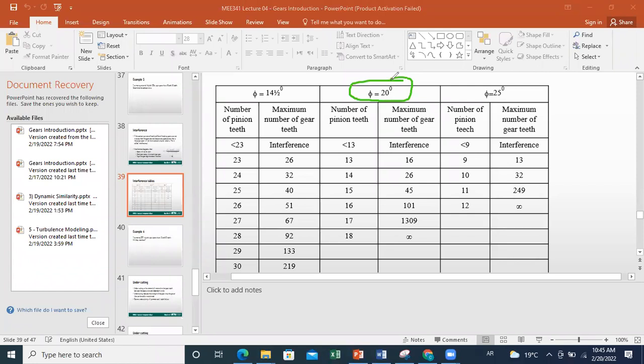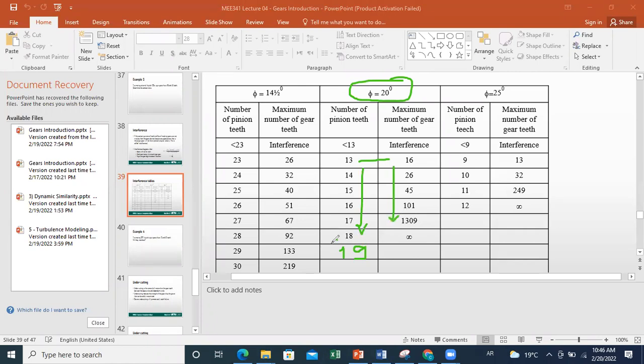Concerning the number of teeth, my pinion has 19. In this table, you can read, for each number of pinion teeth, the maximum number of gear teeth. As the number of pinion teeth increases, you will have a larger range of possible numbers of gear teeth without interference.